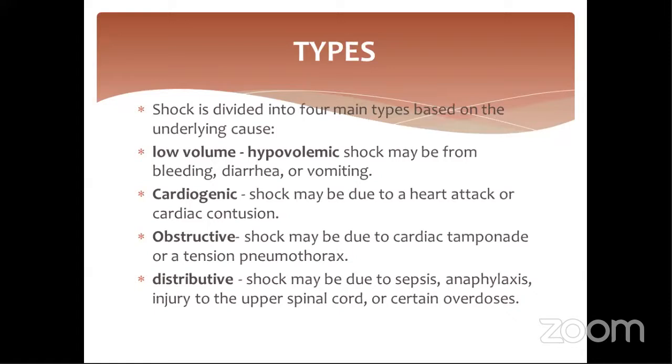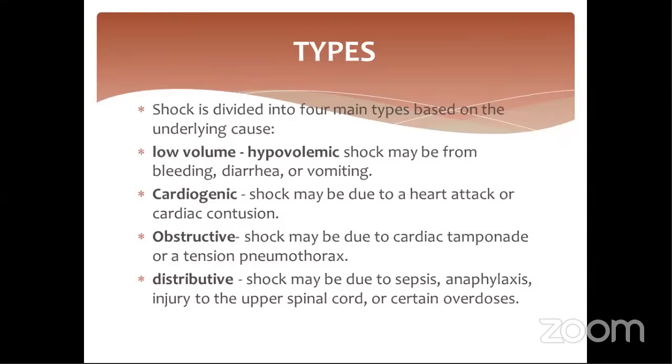Shock is divided into four main types based on underlying causes: low volume, cardiogenic, obstructive, and distributive. Low volume is hypovolemic shock, which may be from bleeding, diarrhea, or vomiting.